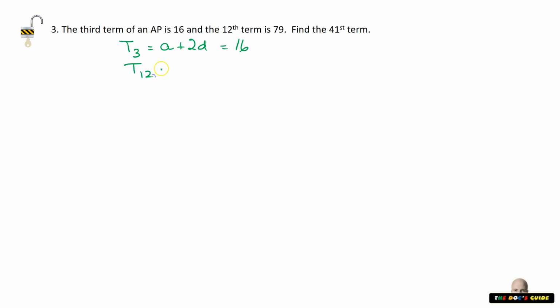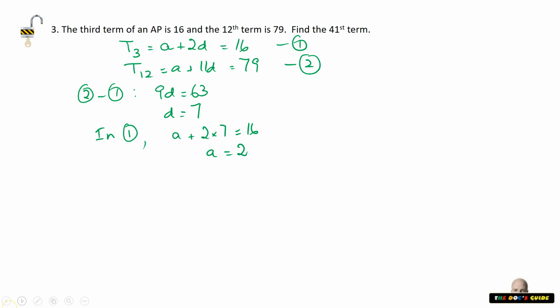And the 12th term is a plus 11d, which equals 79. And lo and behold, we have two equations to solve simultaneously. We should be very comfortable with this, and we get d equals 7 and a equals 2.